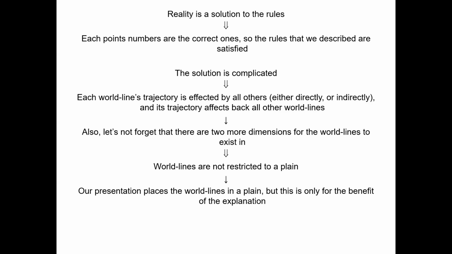So even if we look at a simple example of just a few world lines, it is hard to imagine the trajectories and how they satisfy all the rules that we described. And it's extremely hard to imagine when we go to the actual reality, where we have a huge number of world lines affecting each other. But nonetheless, the individual rules are comprehensible by themselves.